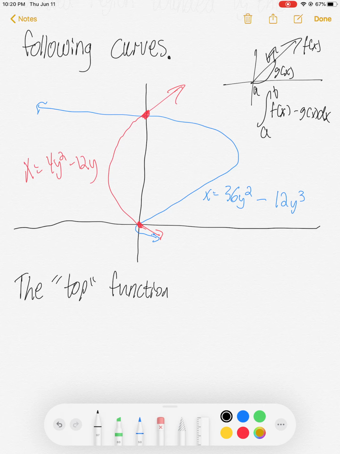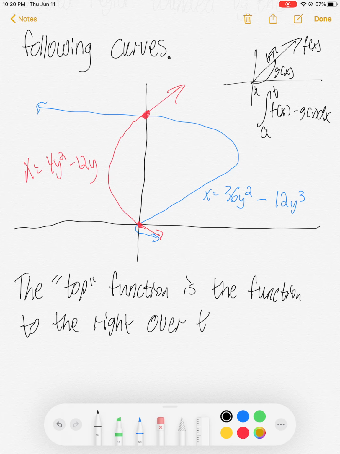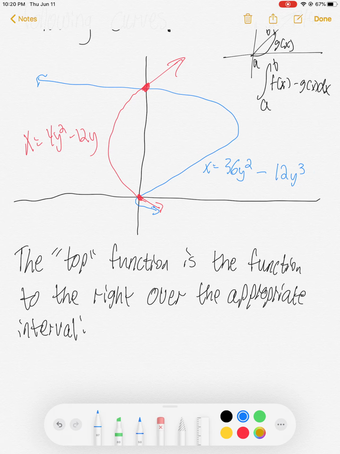Let's label these intersection points A and B. Here, whenever we're sideways like this and looking at x as a function of y, the top function, quote unquote, is the function to the right over the appropriate interval.